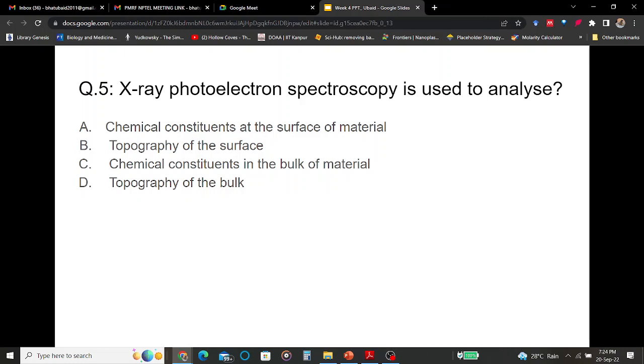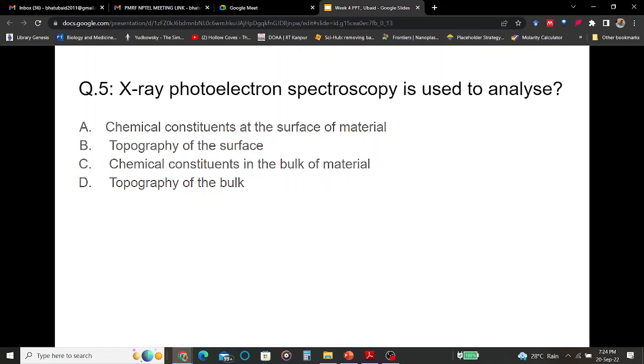X-ray photoelectron spectroscopy is used to analyze: A, chemical constituents of the surface of material; B, the topography of the surface; C, the chemical constituents of the bulk of material; D, the topography of the bulk.